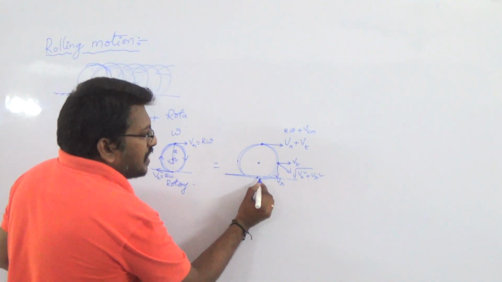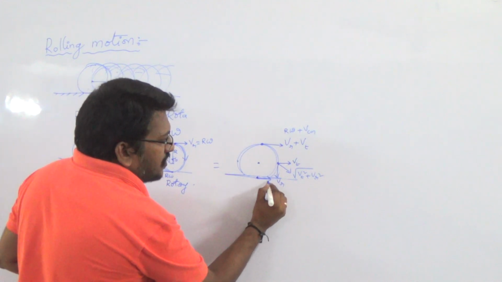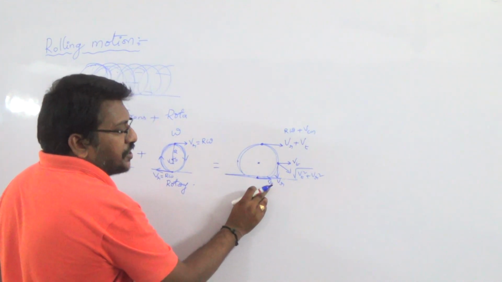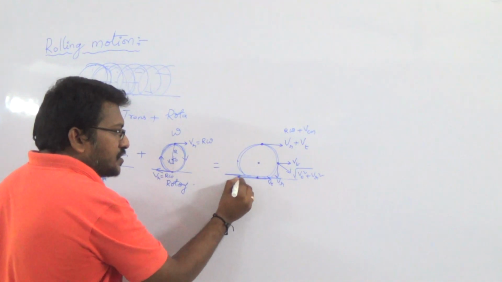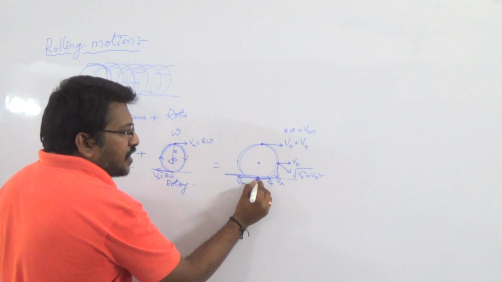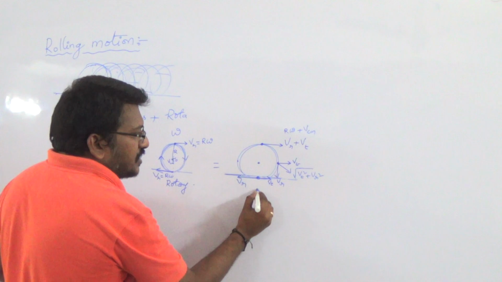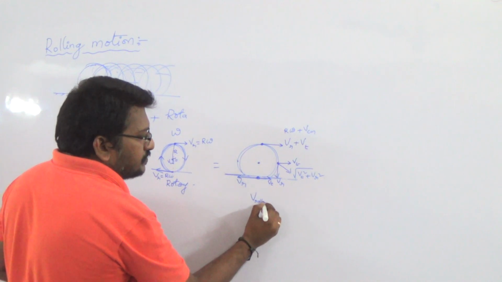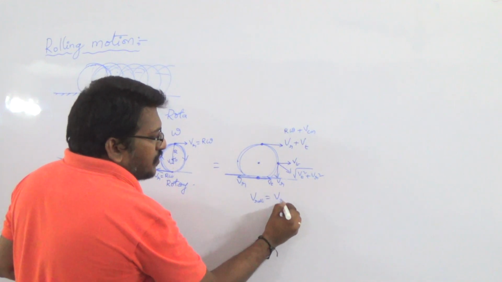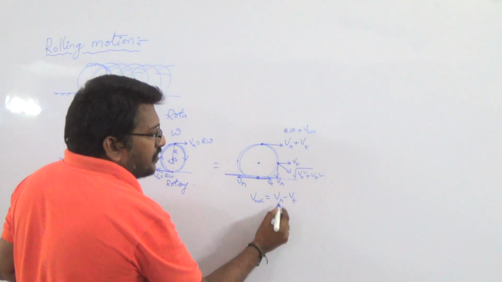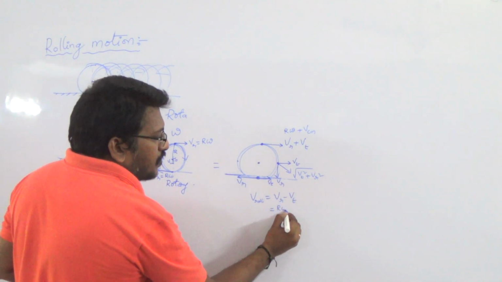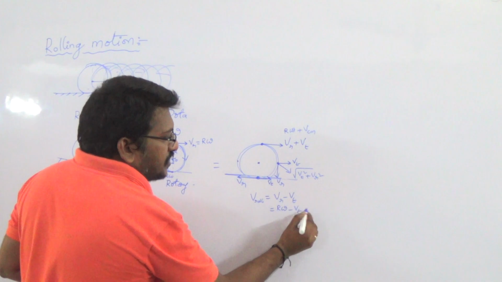Come to this point. The velocity due to translatory motion is Vt and due to rotatory motion is Vr. Here both are in opposite directions. That's why the resultant velocity due to rolling is Vr minus Vt, which means r omega minus Vt.